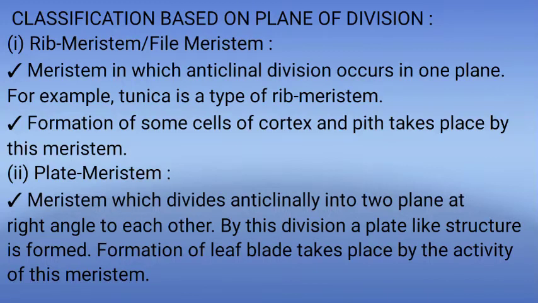Number 2, plate meristem. In this type, the meristem divides anticlinally in two planes at a right angle to each other. By this division, a plate-like structure is formed. Formation of leaf blade takes place by the activity of this plate meristem.